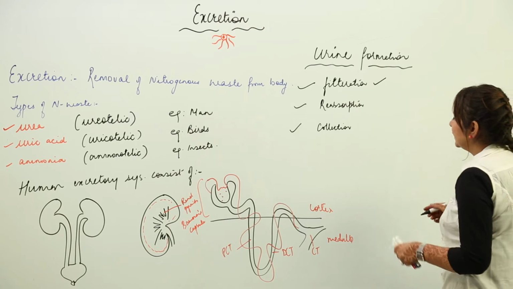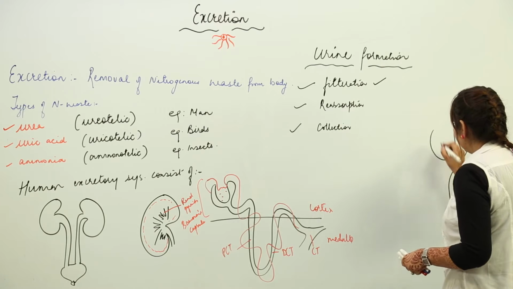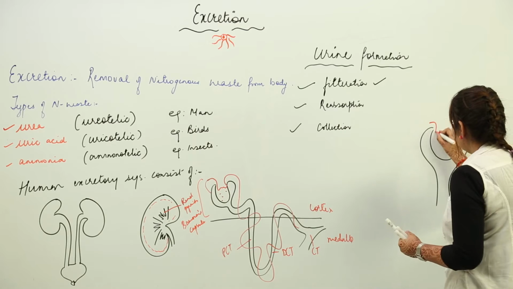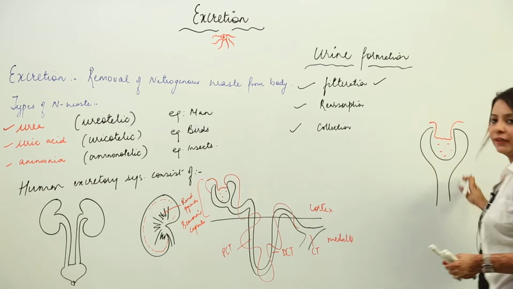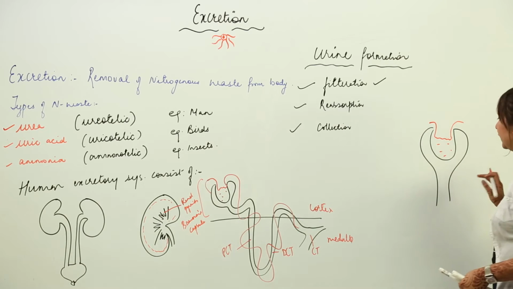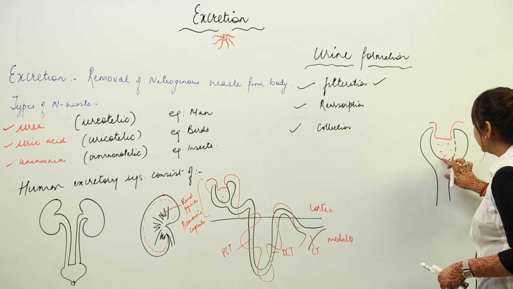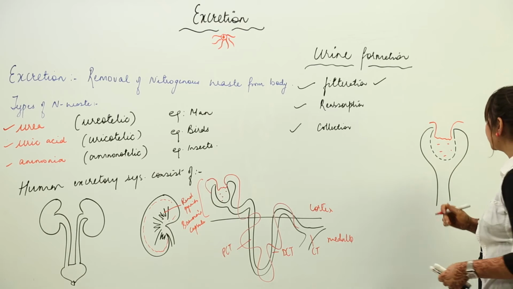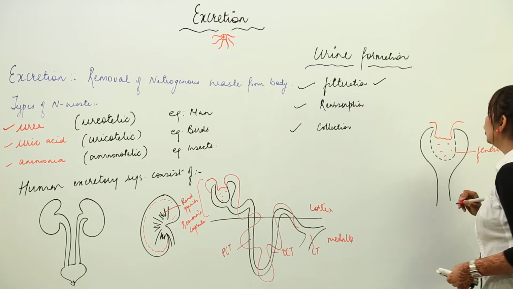When we see the Bowman capsule, it appears like this, and I told you there are capillaries present in the Bowman capsule, that is the glomerulus. But if we see with a microscope, there are certain pores present in the inner wall of the Bowman capsule, and those pores are called fenestra.